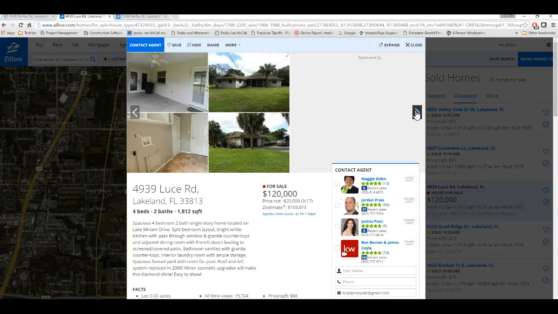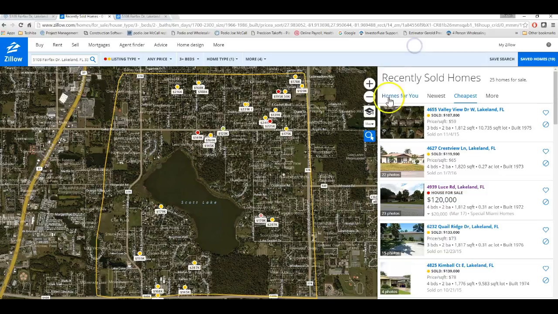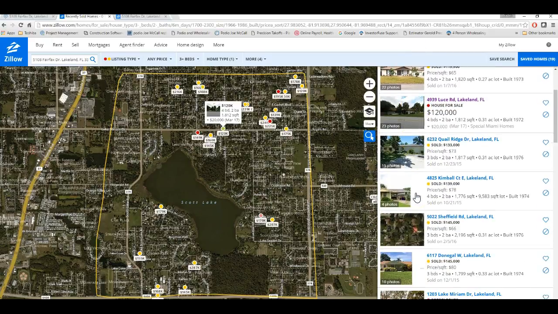Not bad shape. 1,800 square foot, 4.2. I did a new roof and AC. Oh, no, not new. It was 11 years old. Not bad. And this is why we look up the cheapest properties. See, we got some selling asking 225, some asking 195. Then we got this one for 120, and this one for 149.